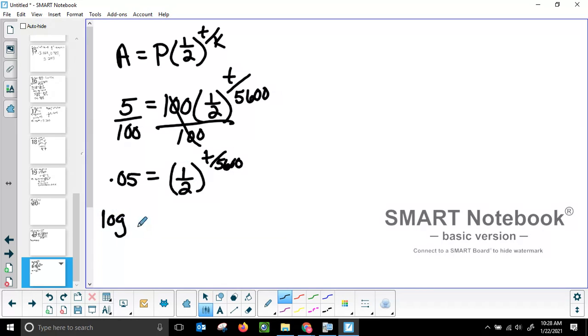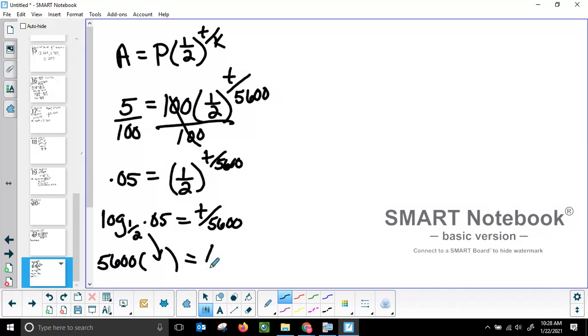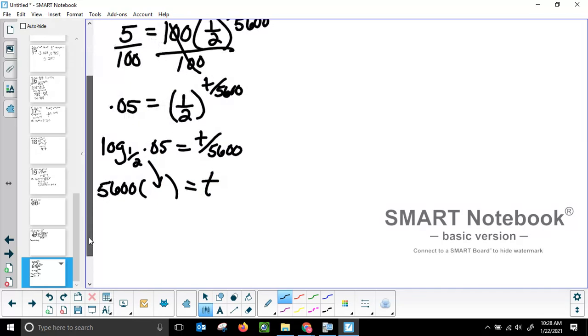So if you have log base 1/2 of 0.05, the log base 1/2 here will cancel this, and you're just left with t over 5,600. Well, I'm trying to solve for t, so I multiply both sides by 5,600, and that will equal t.